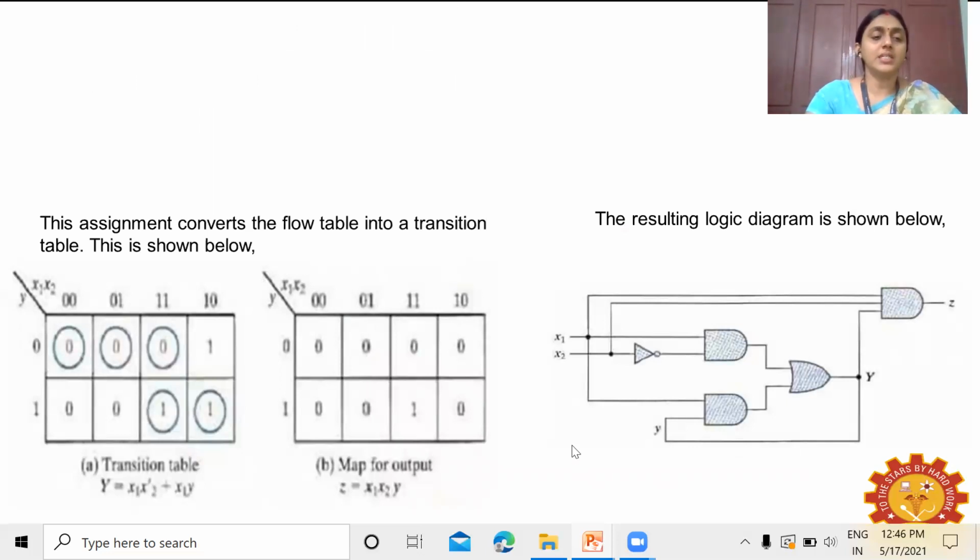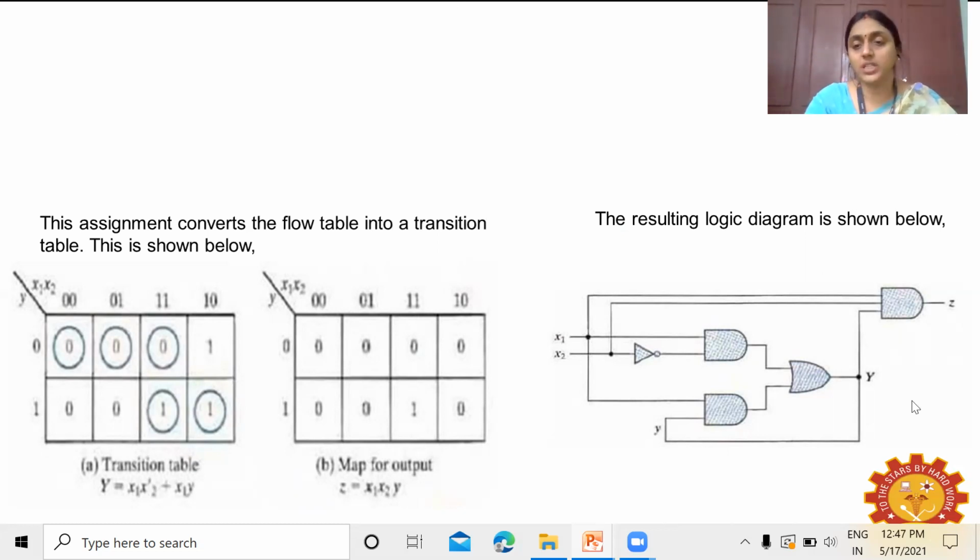This assignment converts the flow table into the transition table, which is shown below. The transition table explains the output y, which depends on the Boolean expression x1 x2' + x1 y. The next transition table maps the output z, where z is equal to x1 x2 y.